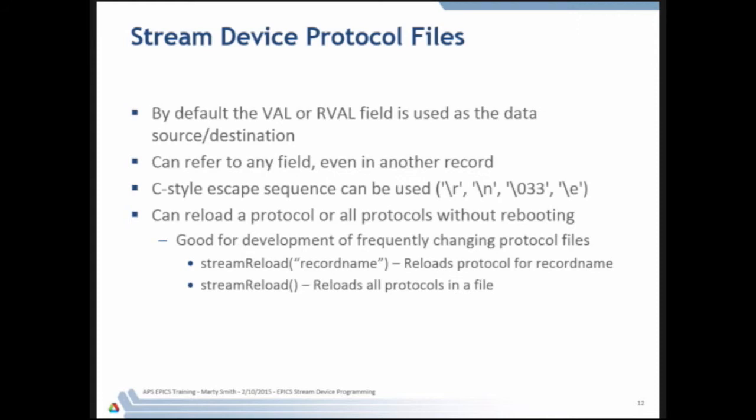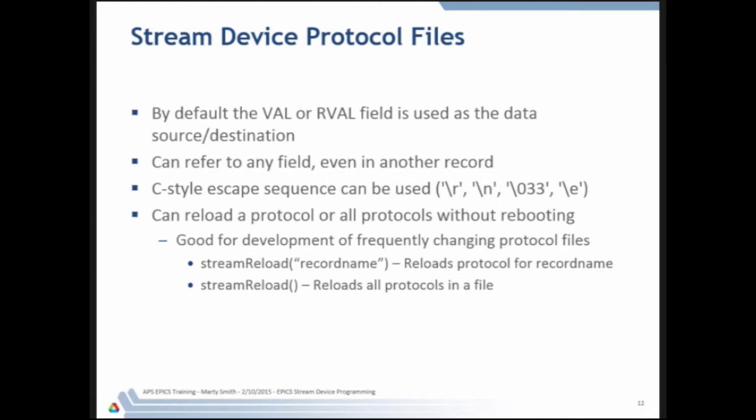You can reload a protocol or reload all the protocols without rebooting the IOC. This is handy when you're writing the protocol file and you need to do some debugging, and it'll be obvious to you because it will print messages like, oh, this PV can't get, this data doesn't match what you're expecting, or something like that.